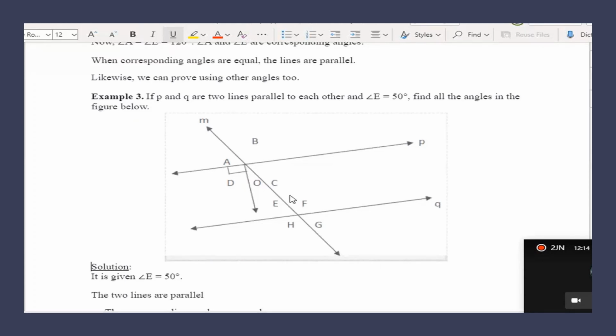So this piece right here is 50. So it wants me to find A, B, C, D, F, G, H. All right? And let's look at the solution.